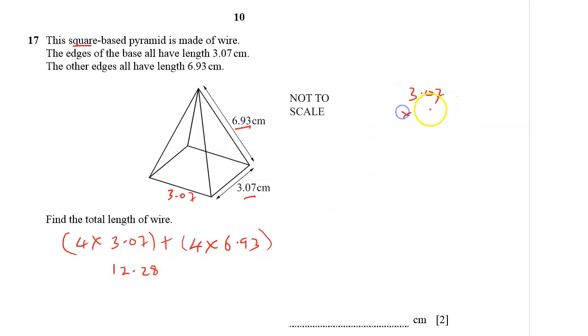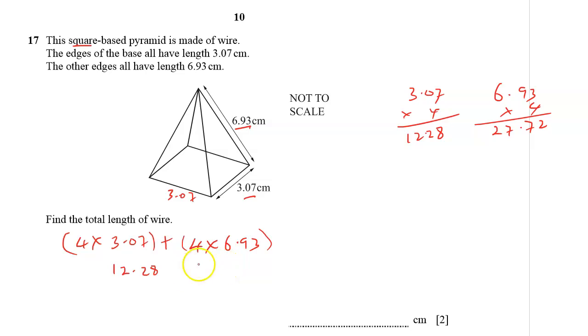3.07 times 4. This is 28. Carry 2. This is 2. And this is 12. So 12 point this. And then you do the same for this. 693 times 4. This is 2. 12. Carry 1. 36 plus 1. This is 7. Carry 3. 4 times 6 is 24 plus 3. 27.